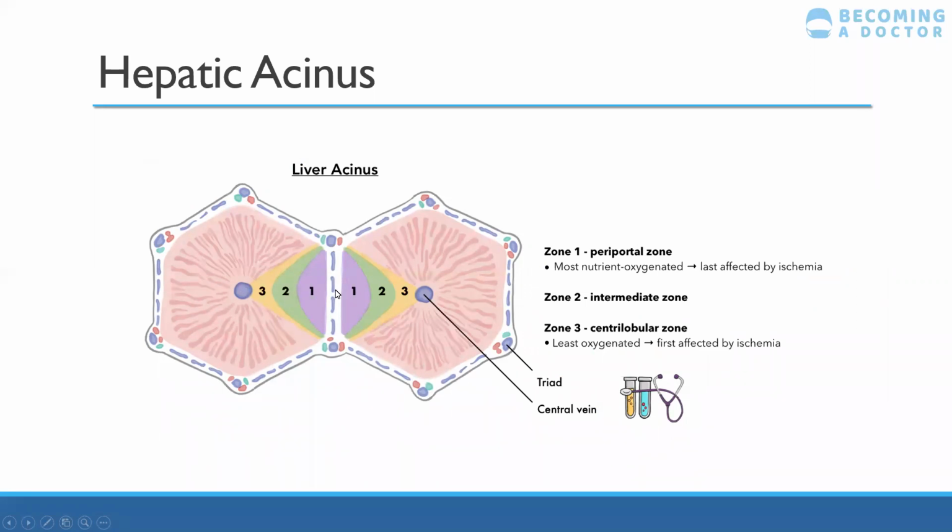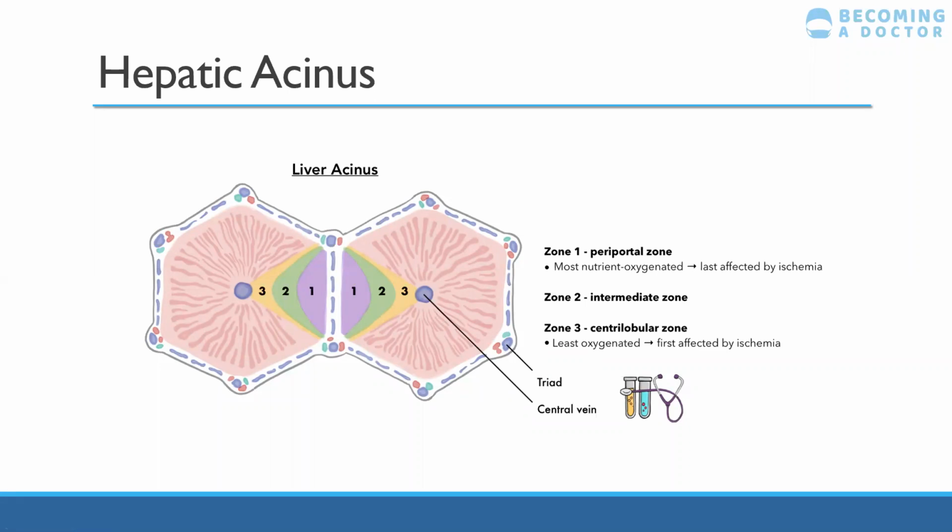Zone 1 is the closest to the portal triad, and therefore this zone would receive the most oxygen and be least affected by ischemia. Let's say the patient has a condition that causes hypoxia, such as right-sided heart failure. Zone 1 would be least affected because it's closest to the portal triad, so closest to the hepatic artery, but zone 3 would be the most affected because it's the furthest away.